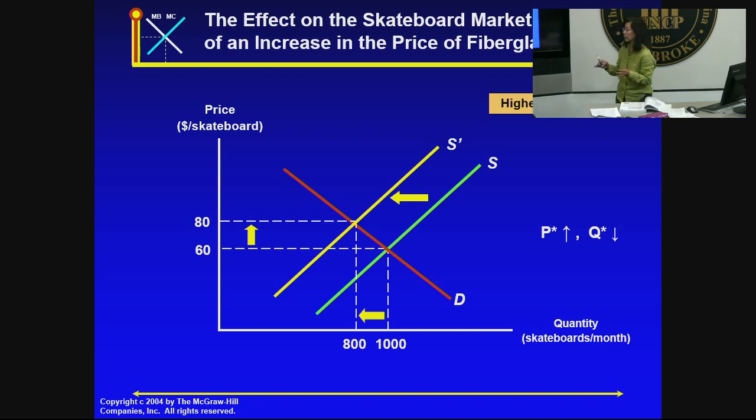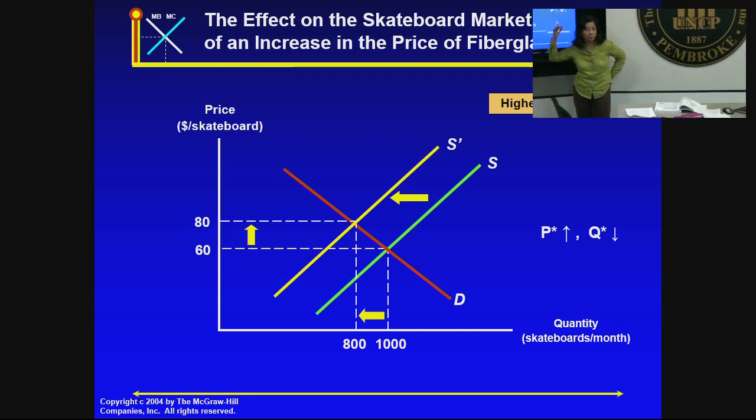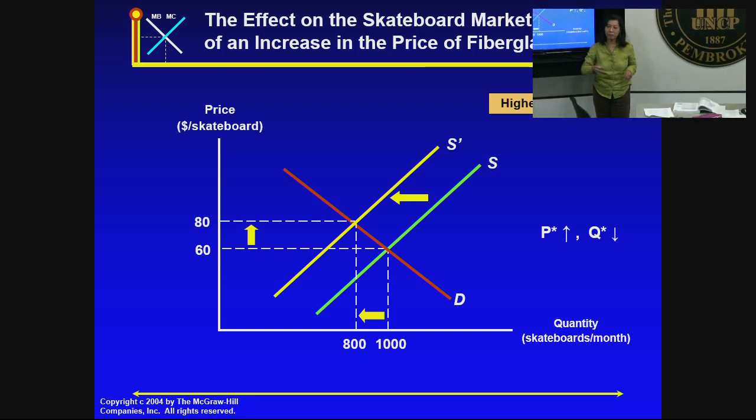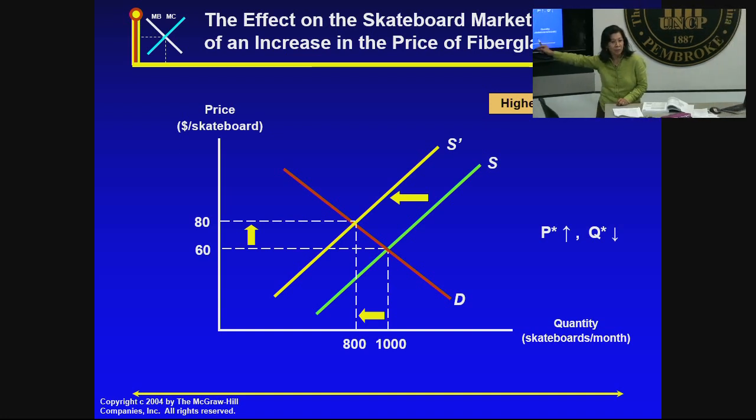And then you have to analyze, okay, so what happened? And then, would it cause the supply curve to shift? And then you have to ask, which direction? Economics is always like that. To the left or to the right? Would you walk forward or would you walk backward? When you go out that door, would you turn left or would you turn right? Would you make profit or would you make loss?